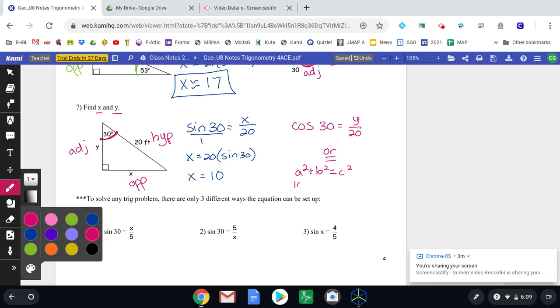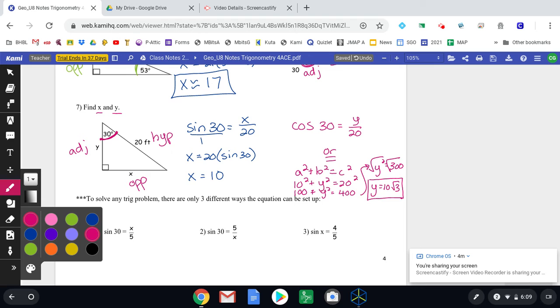So I could say that I have 10 squared plus my y squared equals my 20 squared. So 100, 400, 300. Take the square root of both sides. And y is going to be 10 radical 3.